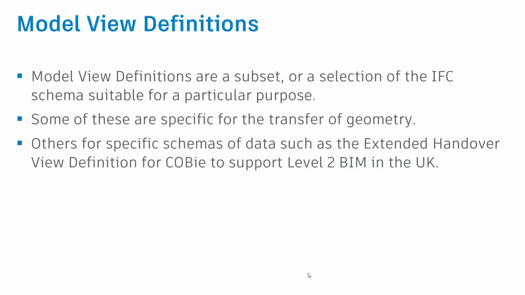So an MVD, or a model view definition, it's a subset, or potentially all or part of the IFC file, or the IFC schema, and it's for a particular purpose. So the extended handover view definition, which is one you might be familiar with if you're working with Cobie, is essentially a subset of the IFC that relates to the handover of facilities information.